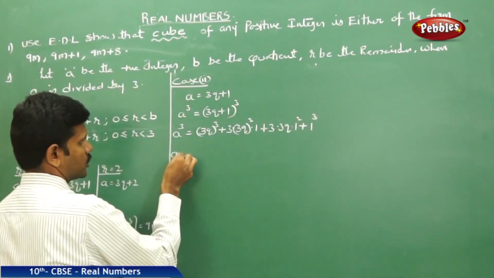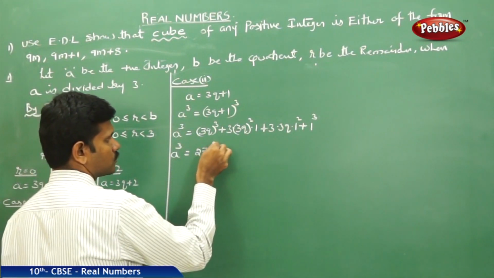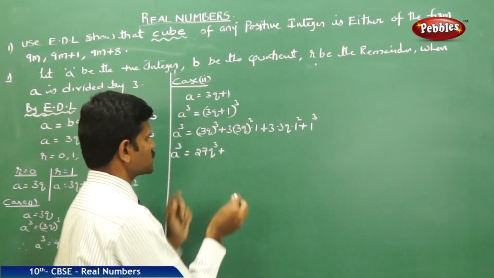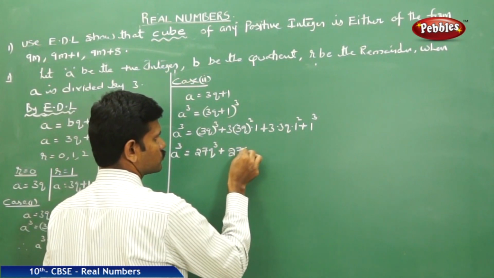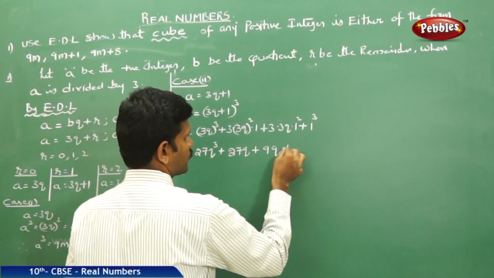That is, a cube is equal, write directly, 27q cube plus 3 square nothing but 9, 9 3s are again 27q square plus 3 3s are 9q plus 1.